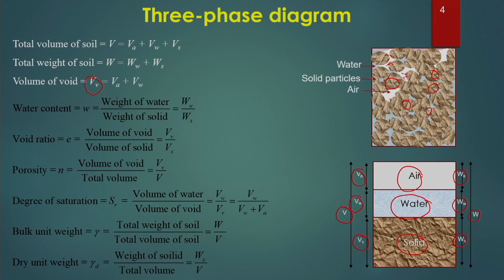So, using all these terms we will be deriving some of the parameters of the soil, which will be helpful in developing some of the relationships between the soil, water and air. The first one is water content. Water content is defined as the weight of water divided by weight of solid.